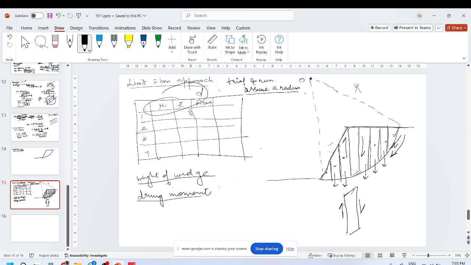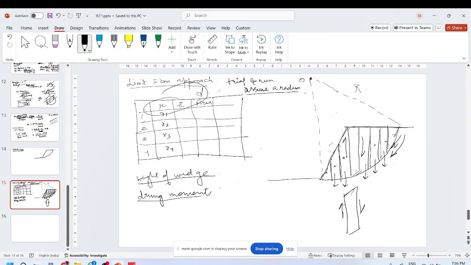Like I mentioned here, for different radii, let me take, on trial basis, R1, R2, R3, R4.